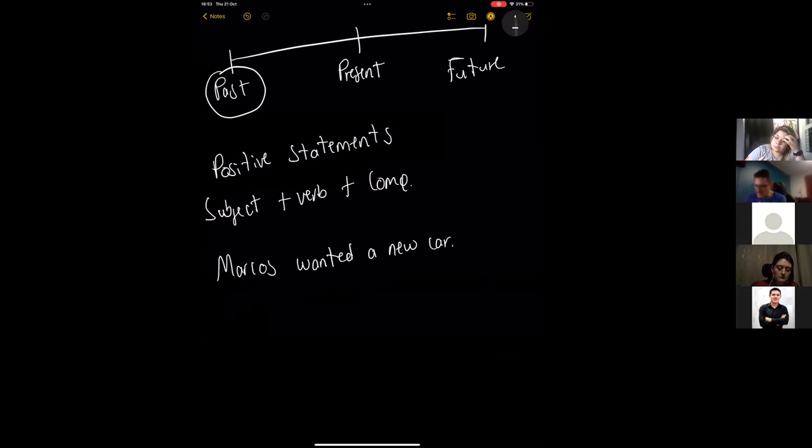So we have the subject, then we have the verb, and then we have the complement. As easy as that. Okay, the verb is in simple past.